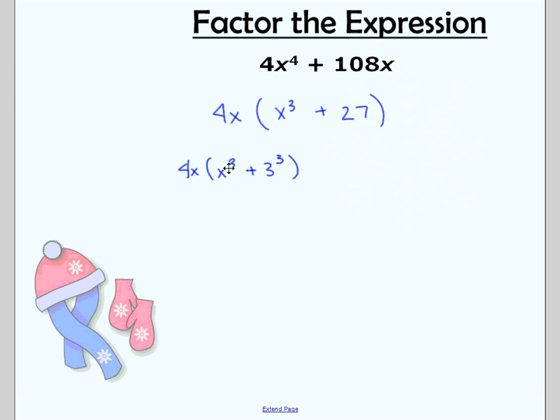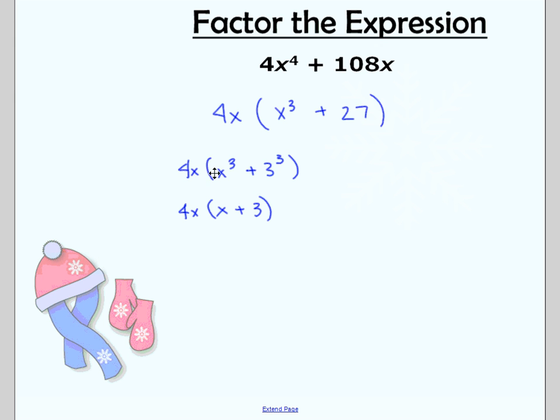So using my formula, x would be a, 3 would be b, so I'm just going to replace that in each of the steps. So I have the 4x that I haven't done anything with. Then I'm going to do a plus b, so that's going to be x plus 3.